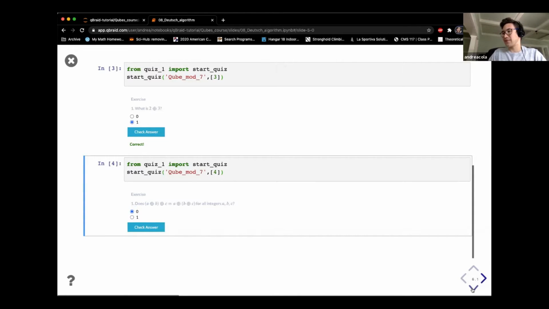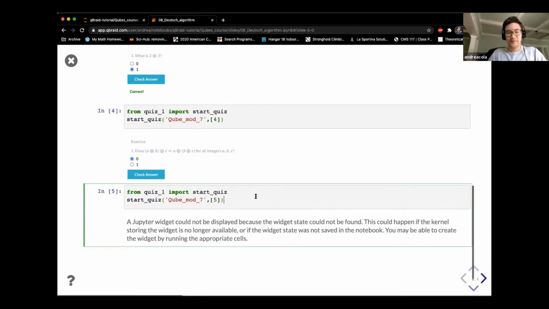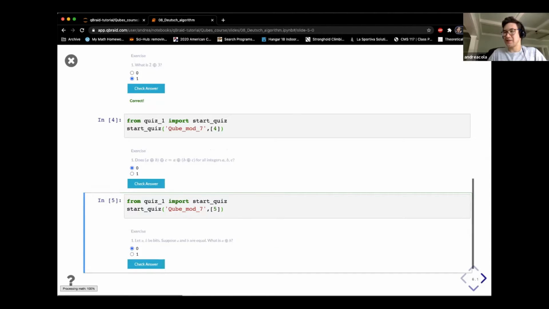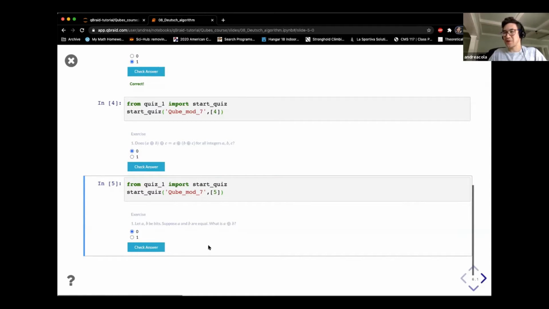If you're not convinced, you can check it for yourself and do some verifications, but it should be fairly straightforward. Now, suppose that A and B are bits, and suppose that they're equal.